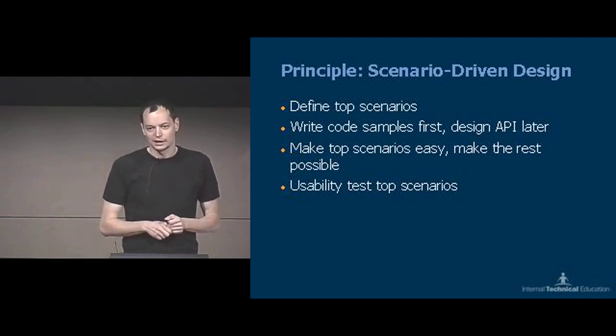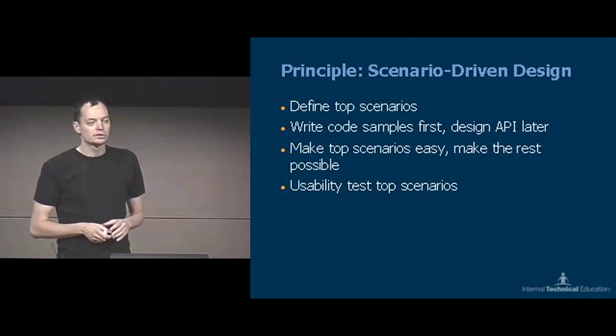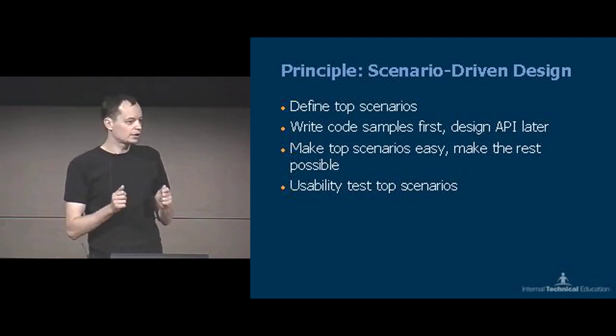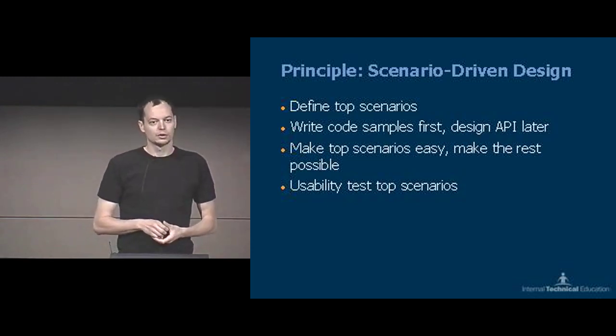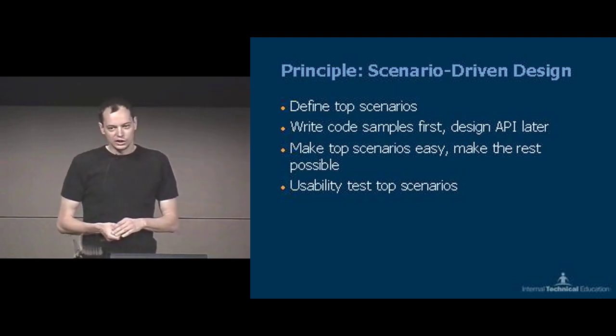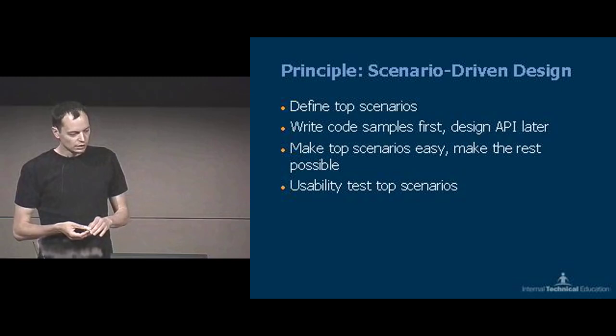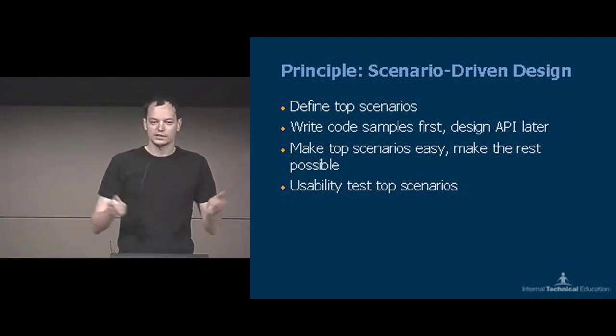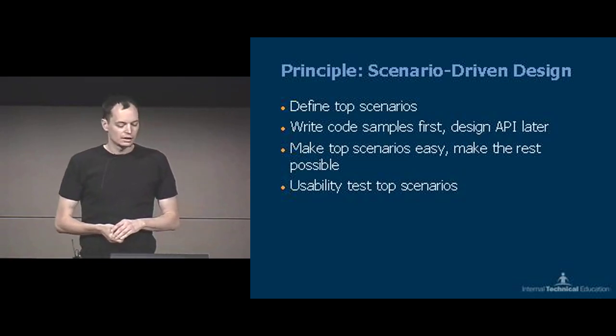Okay, this is my API. This principle says, no. You have to do the reverse. You first write the code that you want users to write. So you're designing an API for reading from a file, line by line. What is the easiest sample code that you want users to write? Just File.ReadAllLines, correct?